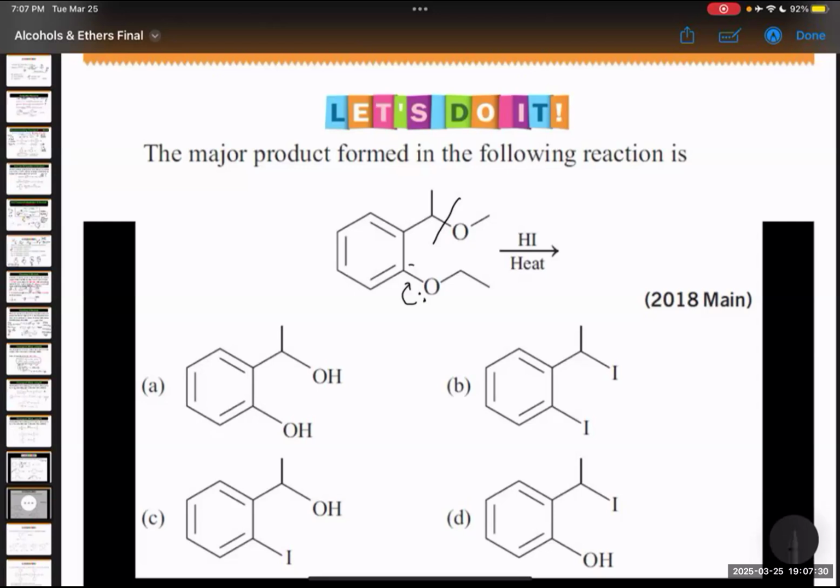If it is directly linked to benzene, don't break that oxygen bond, because that is resonance stable and has partial double bond character.